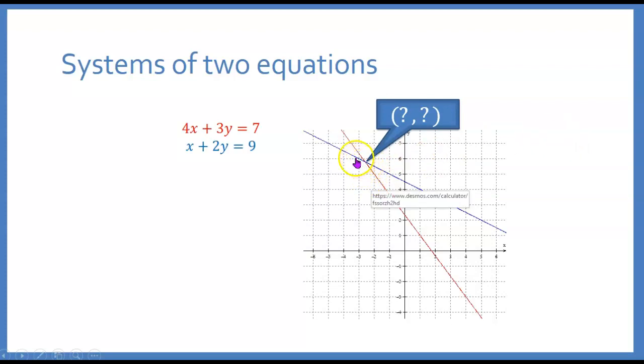They don't cross right at one of the nice integer coordinates. Looks like the x coordinate is somewhere between -2 and -3, and the y coordinate is somewhere between 5 and 6. So that's approximately -2 point something and then 5 point something.